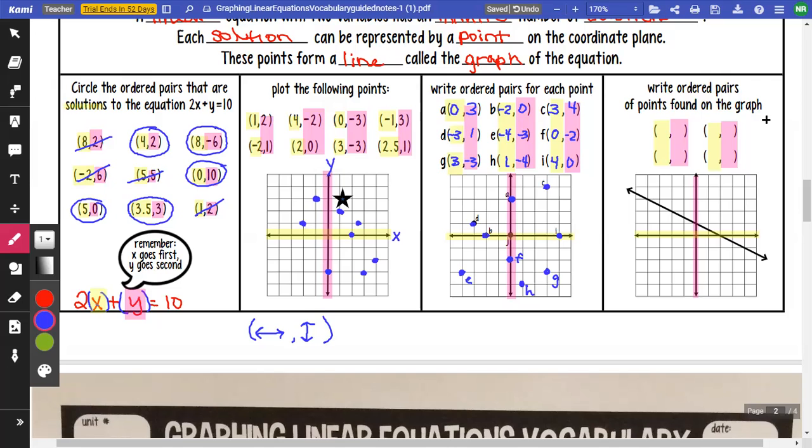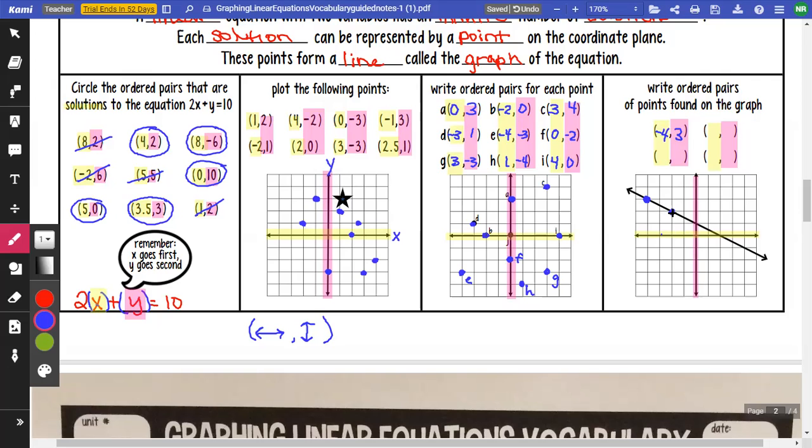Write ordered pairs of the points found on this particular graph. Remember, the best thing to do is find a point on the line where it intersects perfectly on the grid, just like right here. So if we're going to label that ordered pair, we need to know how far to the left and how far up it went. So 1, 2, 3, 4, meaning if we went left, it's negative 4, and we went up 3, positive 3.